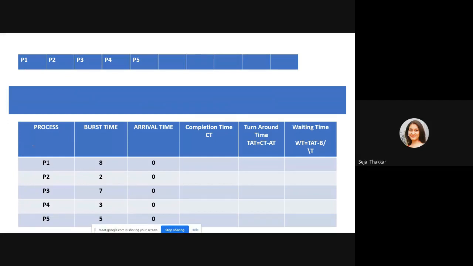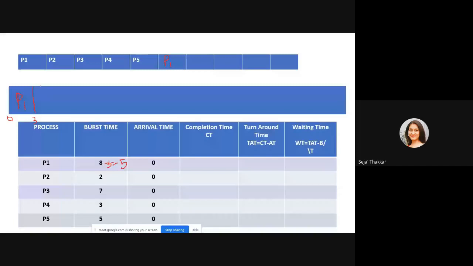Now the first process is P1. It starts at time 0 and the time quantum is equal to 3. So at 3, P1 completes its quantum, and the remaining burst time is 8 minus 3, which is 5. P1 goes back into the ready queue and saves its state, which is 5, and P2 comes into execution.